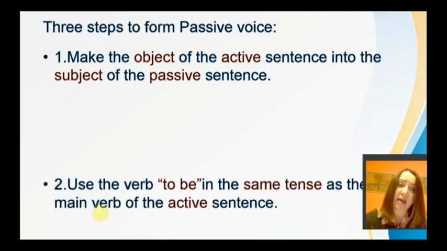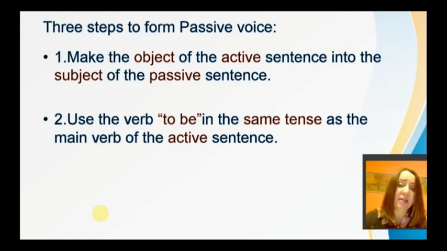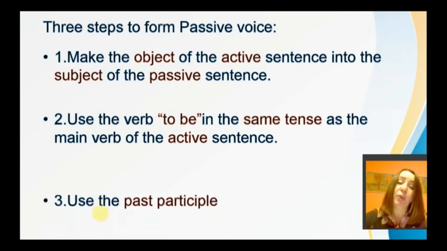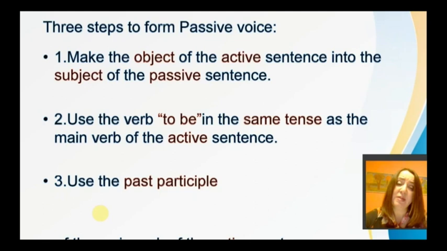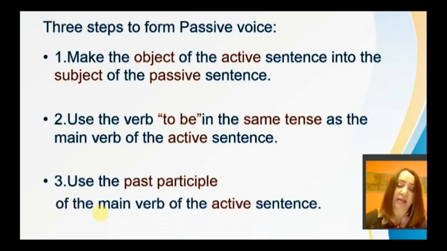The second step is to use the verb to be in the same tense as the main verb of the active sentence. And finally, the third step, to use the past participle of the main verb of the active sentence.